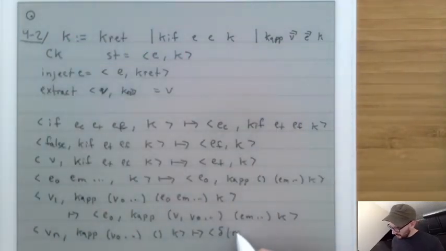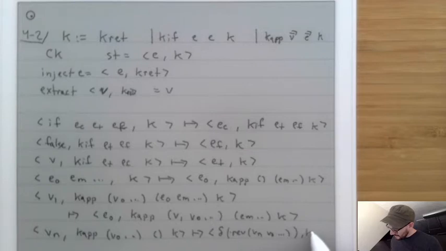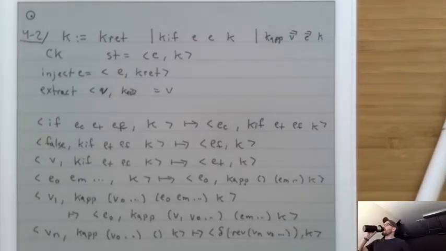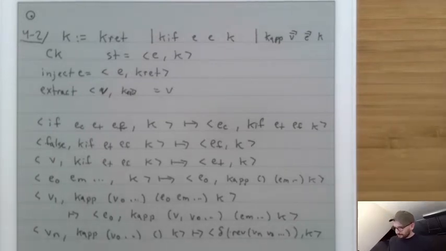Let's say that we'll reverse Vn, V0, ... Now technically that takes linear time, but we can also do another trick. Maybe we could make it so that our delta function expects the things in the reverse order. So this system now is made up of entirely constant steps at every turn.